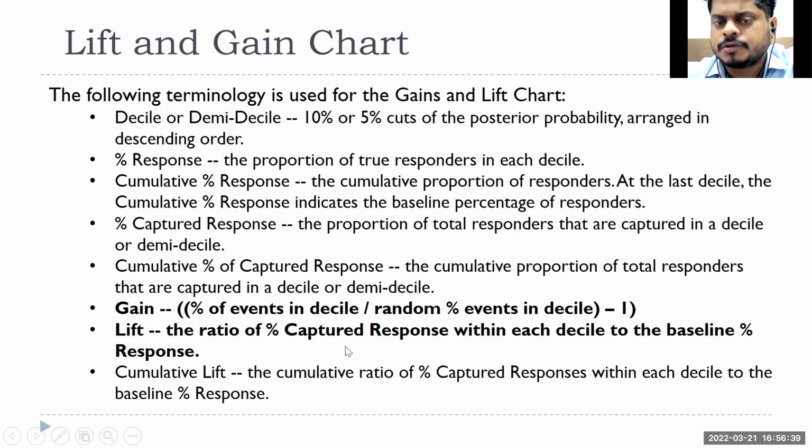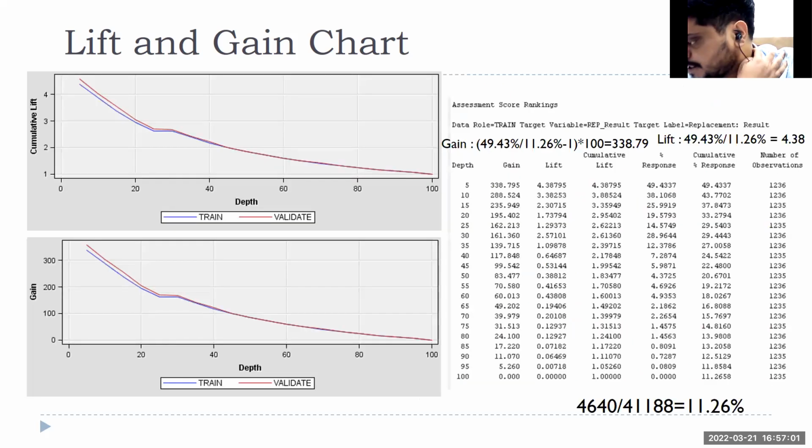Lift is the ratio of the percentage captured response within each decile to the baseline. Gain is cumulative across deciles, with the baseline reference being 11.26% for me. For you, it will be a little different if you calculate. So we have discussed the lift and gain chart.